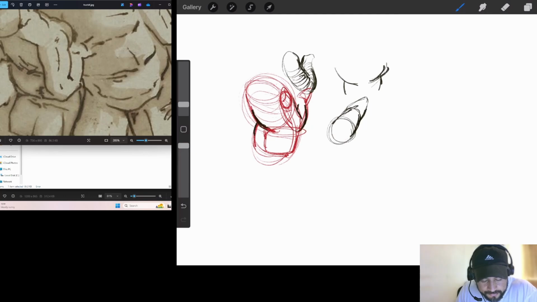I'm trying to emphasize that this tube here is closer to us than this lower section. So I put that T section there as a kind of visual cue to tell you that, all right, this is closer to us than this.